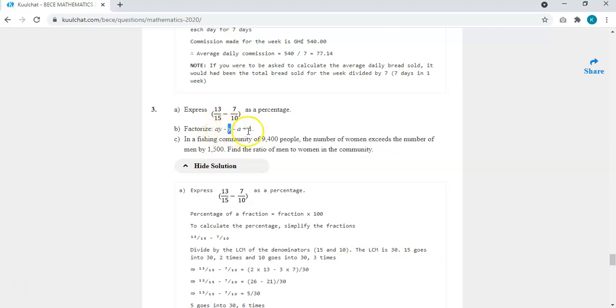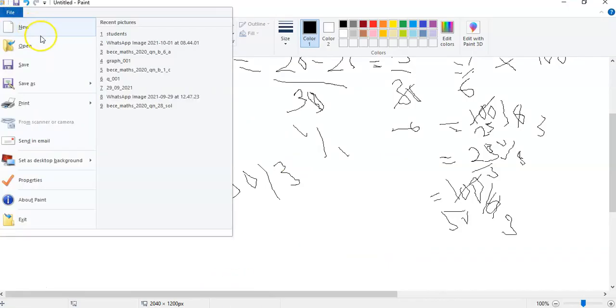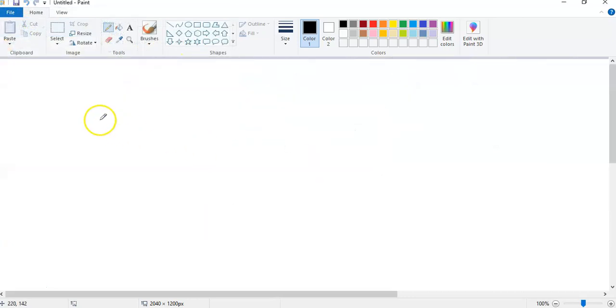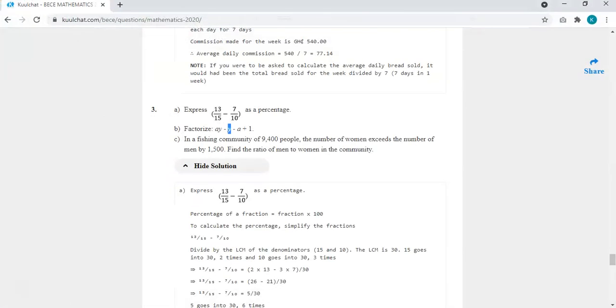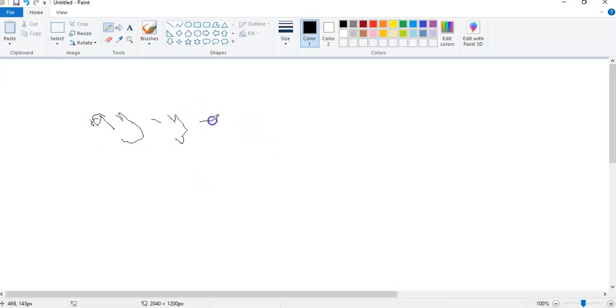So when we factorize our Y out, we are going to get AY, then minus Y, minus A, plus 1.